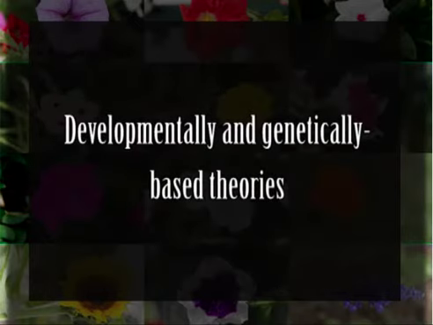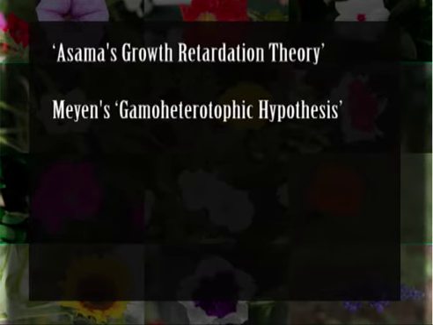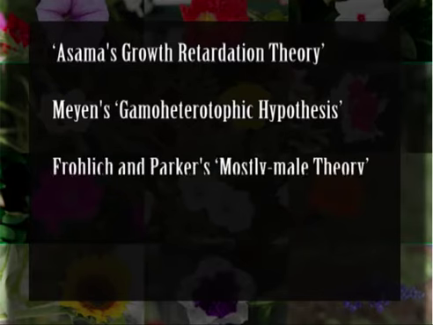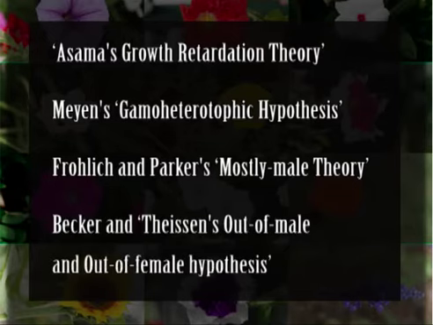Developmentally and genetically based theories. Ideas on the origin of angiosperms based on evidence from the study of ontogeny of seed plants include Asama's growth retardation theory, Mayon's gamoheterotrophic hypothesis, Frohlich and Parker's mostly male theory, and Becker and Theissen's out of male and out of female hypotheses.